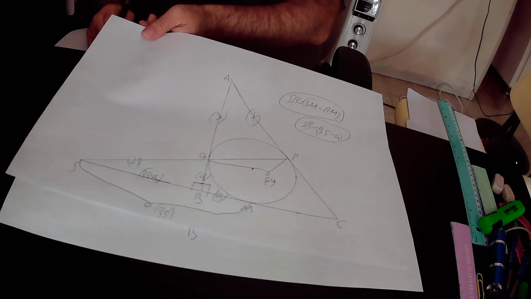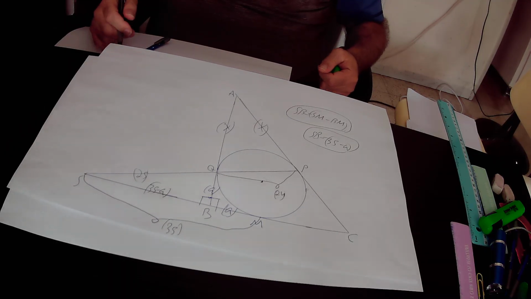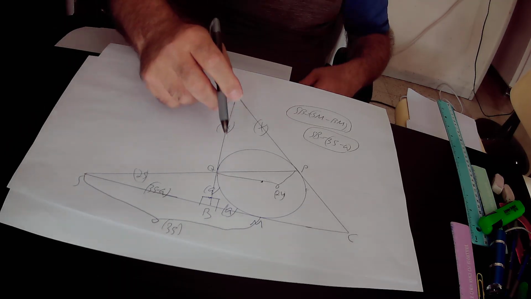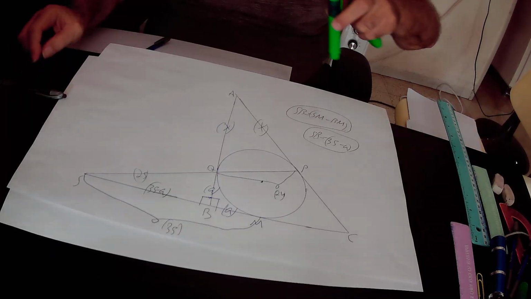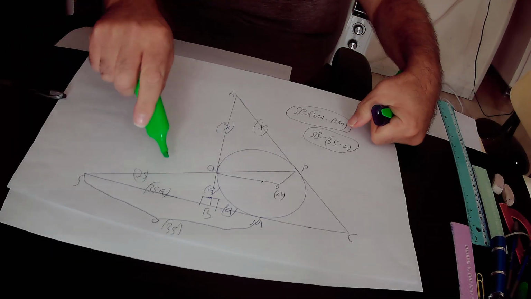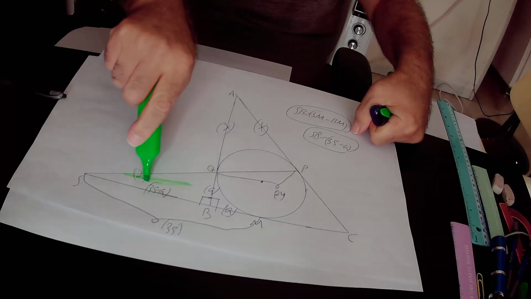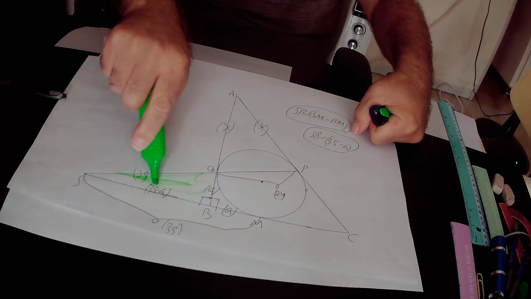In the next step, we will apply the Pythagoras theorem on this green right triangle SQB.